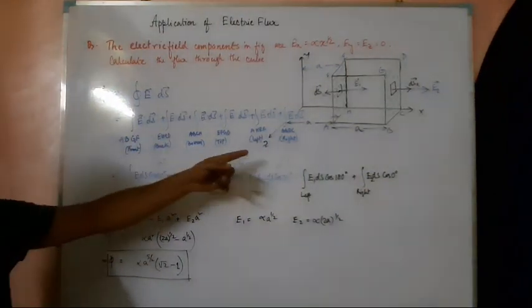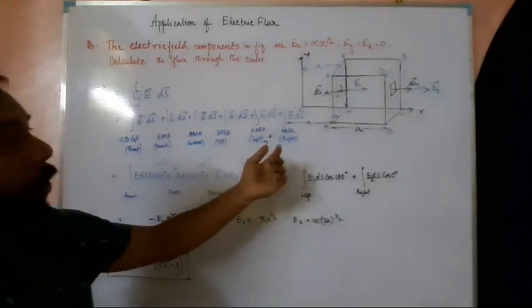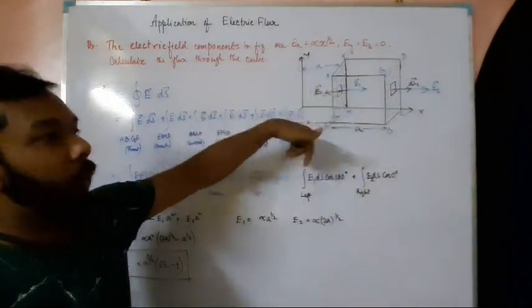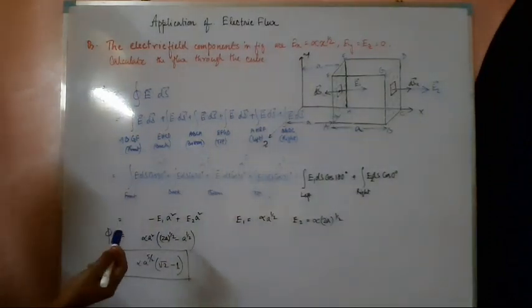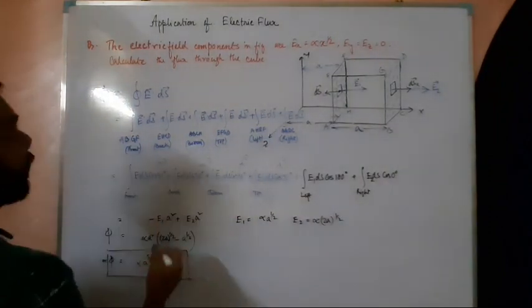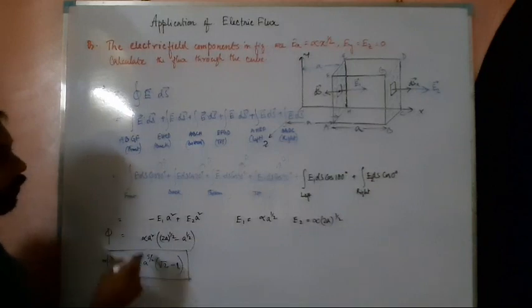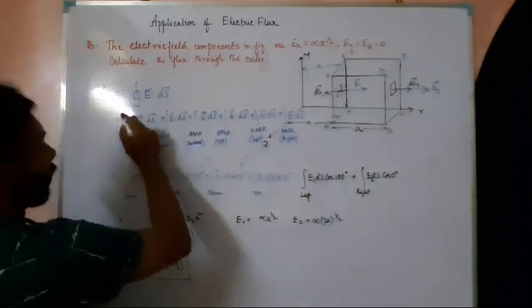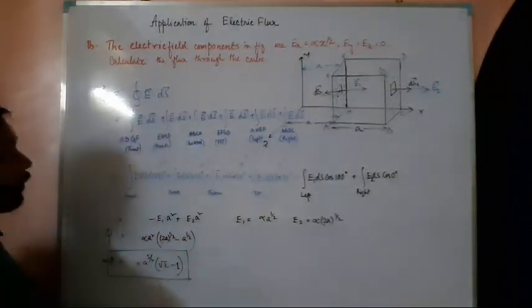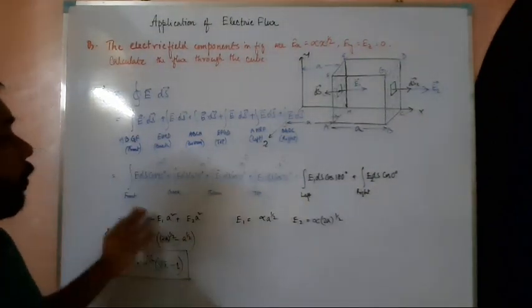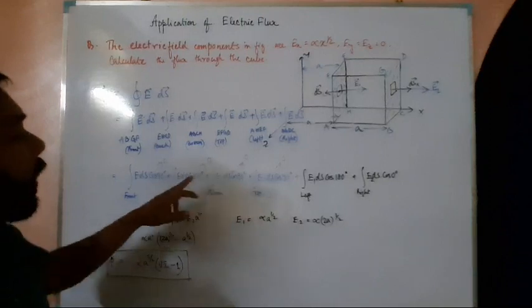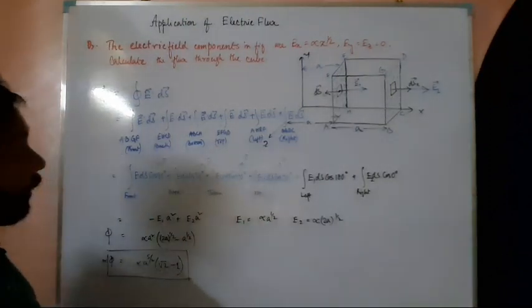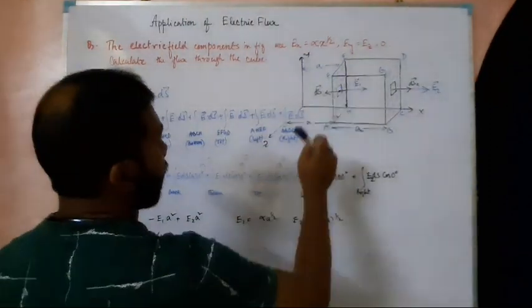All those sides pointing towards the y-axis positive and negative, or z-axis positive and negative, make an angle of 90 degrees with the electric field. So the flux contributions for those sides will be zero, because they make a 90 degree angle with the electric field. But look at the left surface.